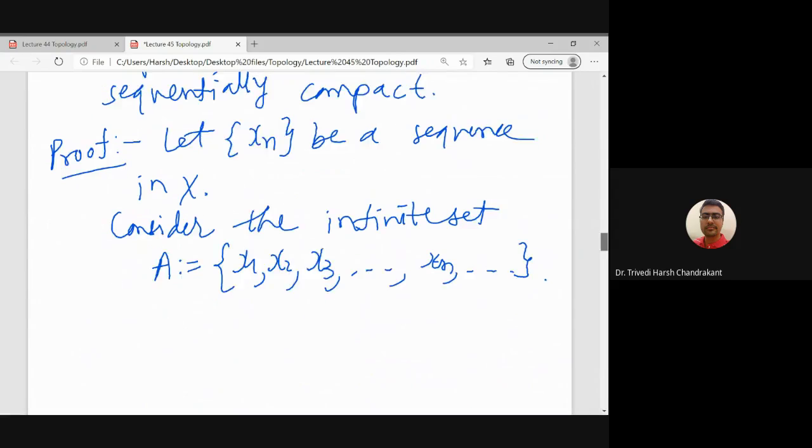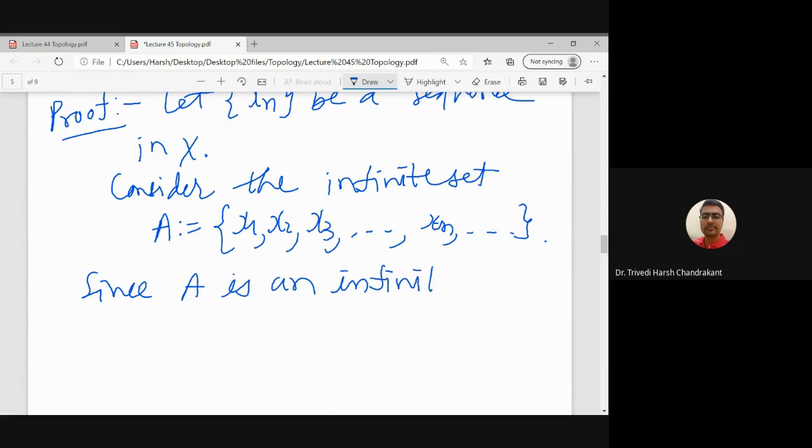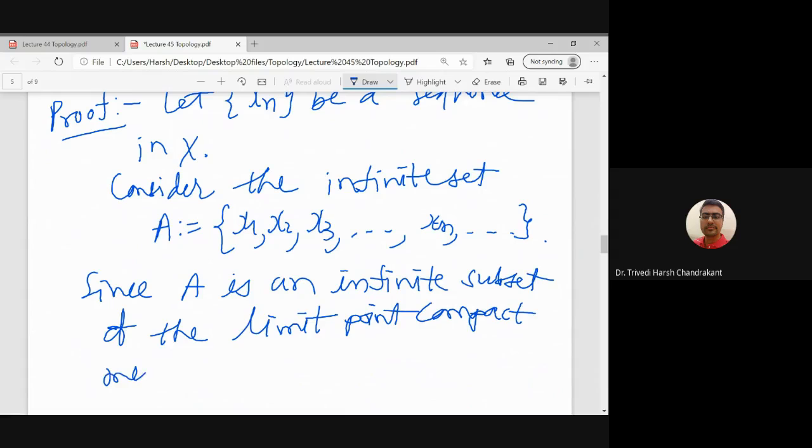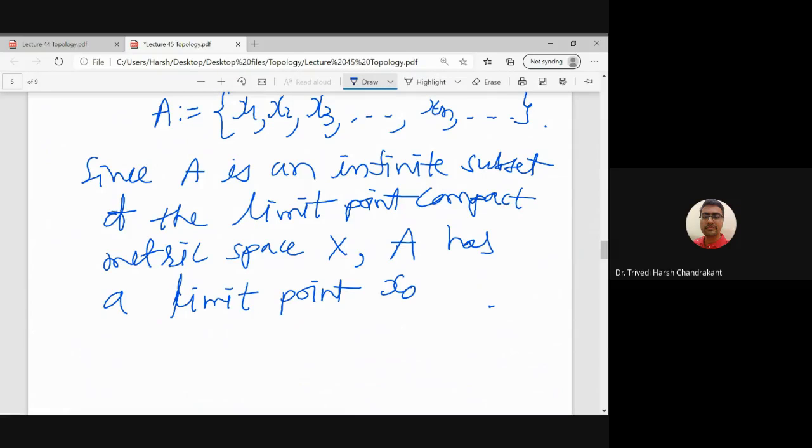Since this is an infinite subset of the limit point compact metric space X, A has a limit point, right? A has a limit point. This limit point, whatever we get, we will call x naught.